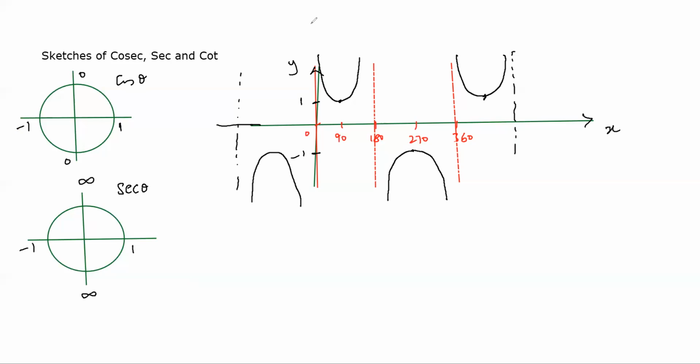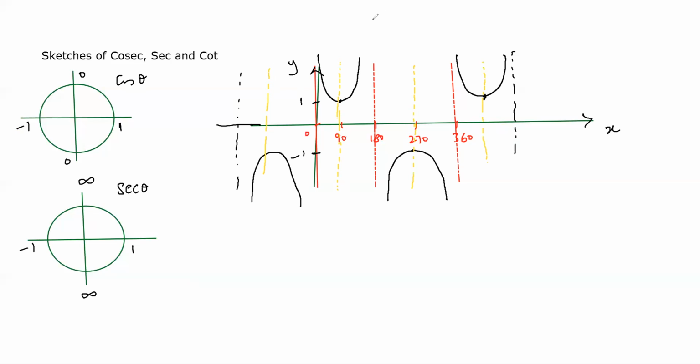So now I'm just going to draw this on this so that you can relate them. This is going to be the asymptote for this secant. They look alike. There is only the difference of the starting value.